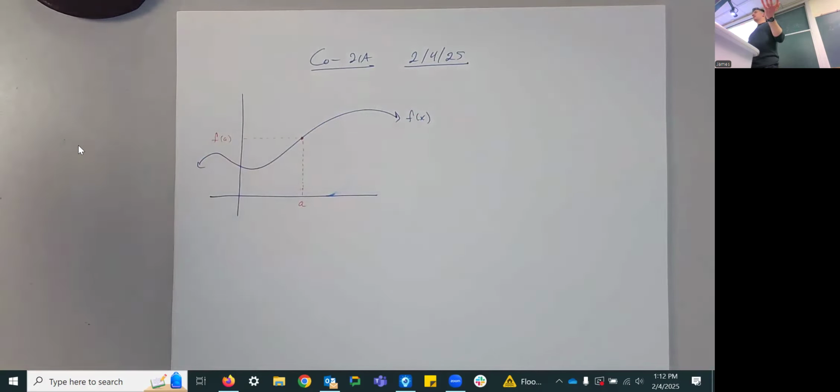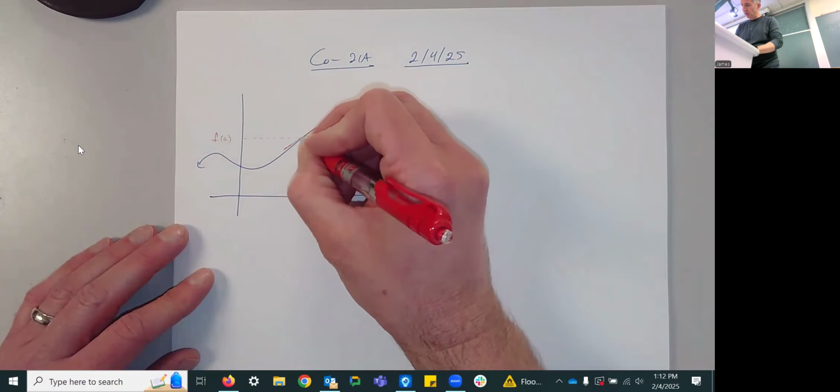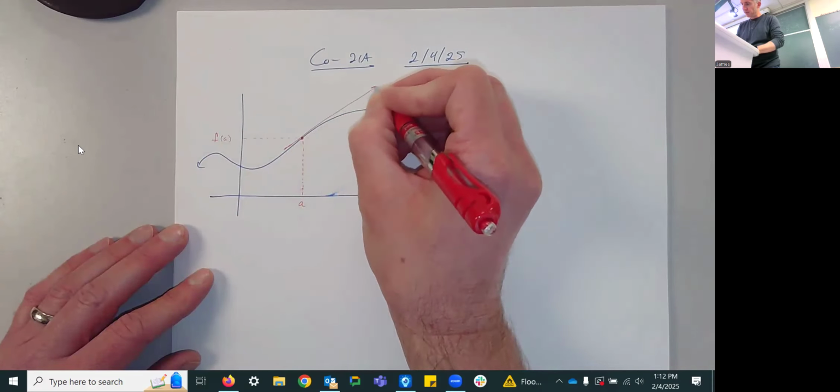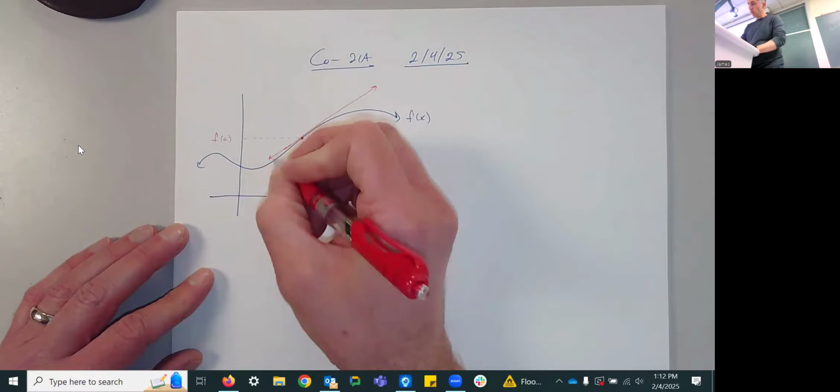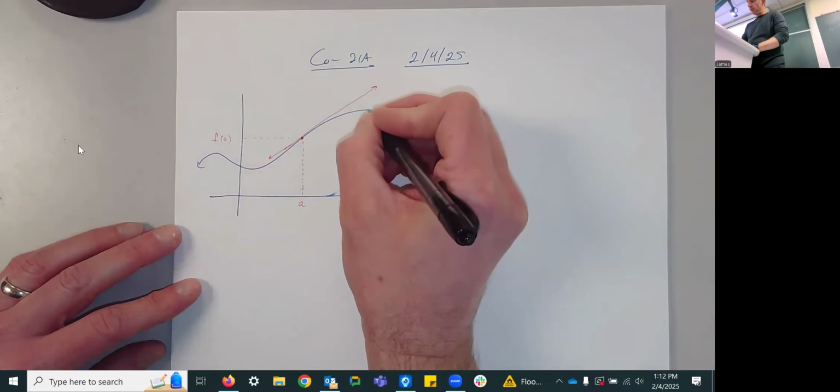The broad idea is that instead of just finding the slope of the tangent line, which looks, here's the tangent line, maybe looking like that, what we're going to do is actually start by finding the slope of secant lines. So we're going to say, well, let's look at some other point over here.